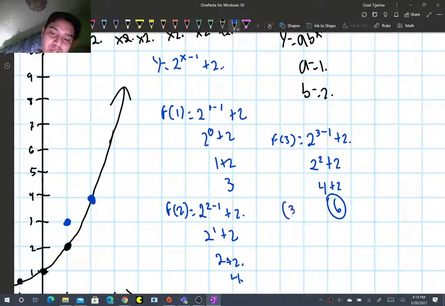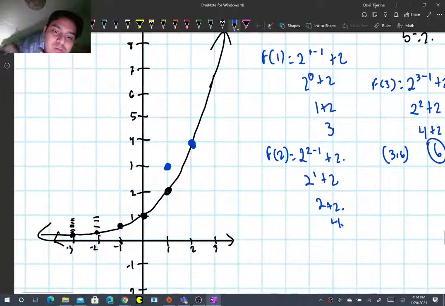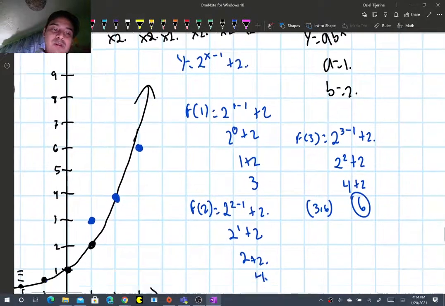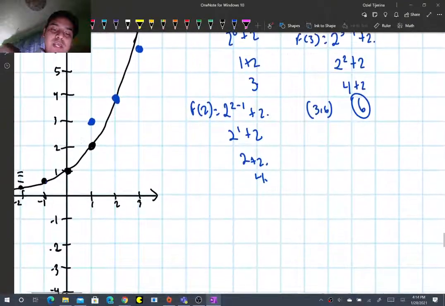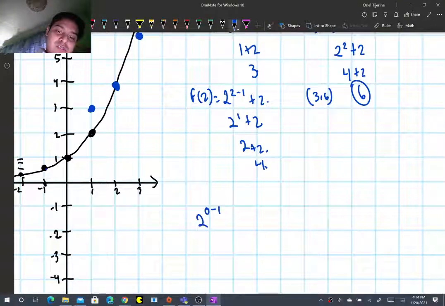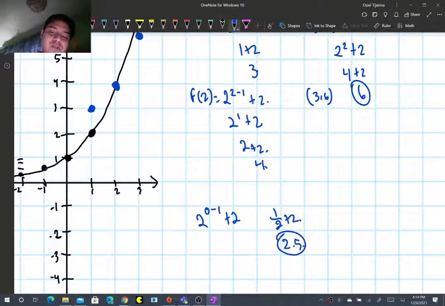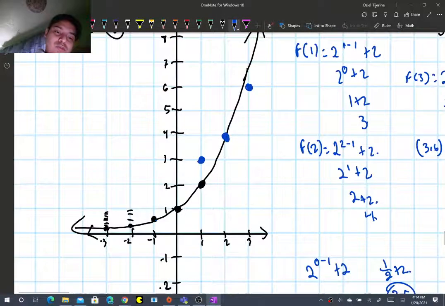So you're going to have the point (3, 6). And then if you do 0, you would get 2 to the 0 minus 1 plus 2, which is 1/2 plus 2, which is, I believe, 2.5, if I'm correct. So we would have something like this.